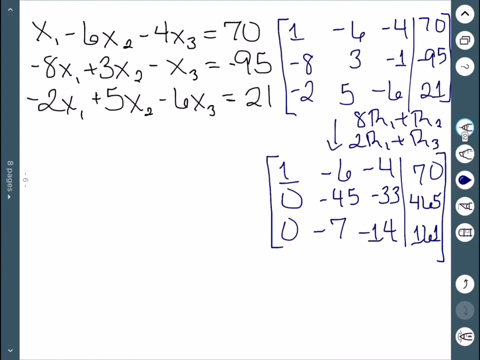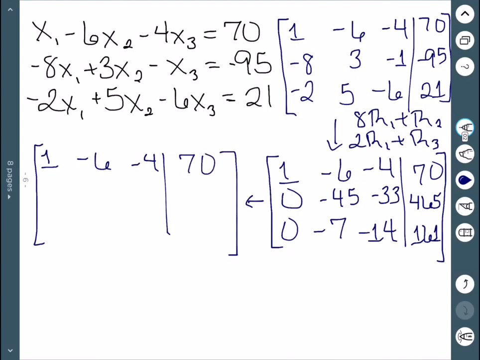So our next step is to get a 1 in the second row, second column. So in this case, I'm going to leave my first row alone. In the past, whenever we wanted to get a 1, we multiplied by the reciprocal, in this case, negative 1 over 45, but you'll notice that'll introduce fractions, and maybe we don't want to do that.